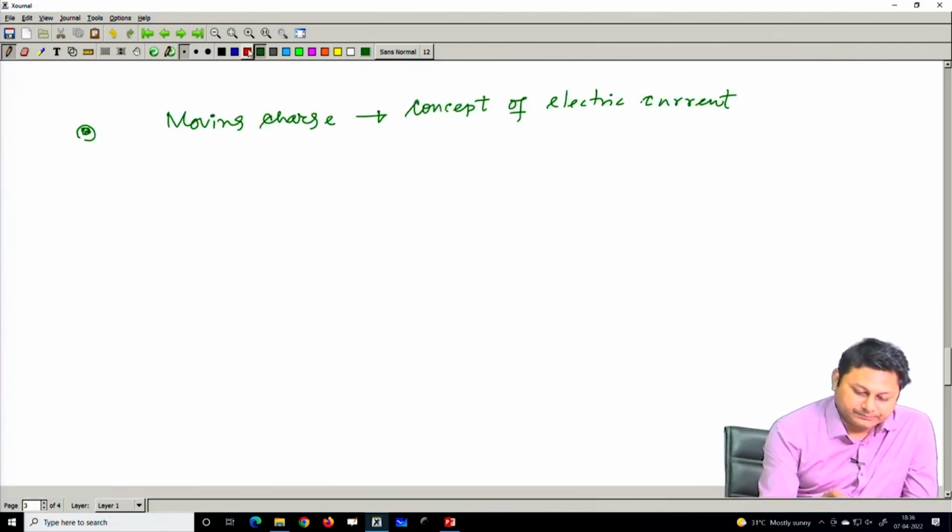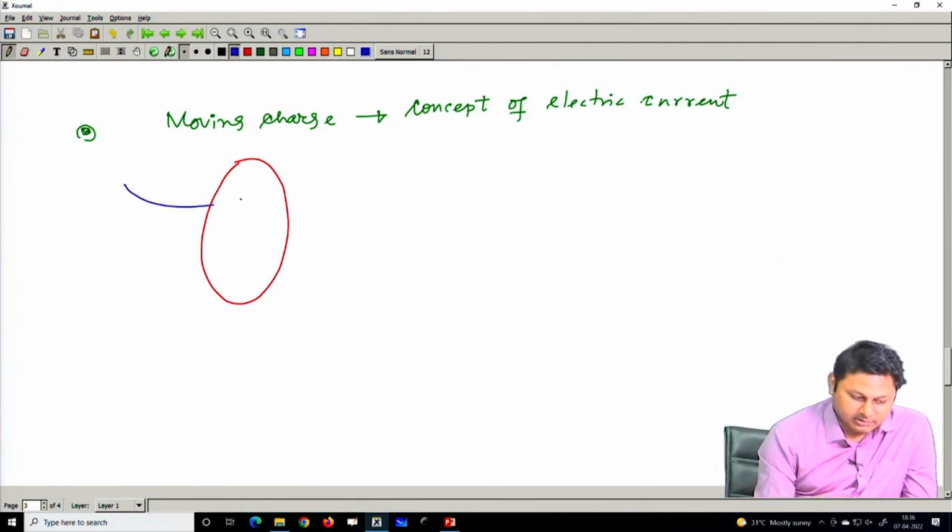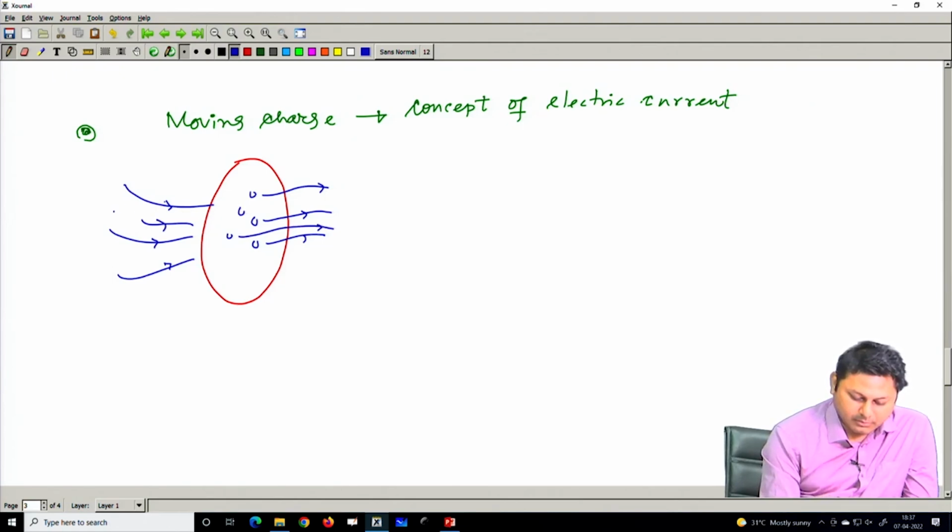Electric current. So, now suppose I have a surface here and the charges are flowing like this, so this is the way the charges are flowing. And this is the region, I just take this small region.